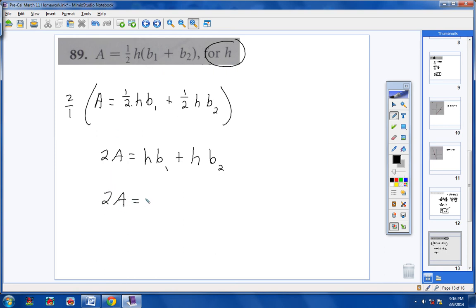Now what I'm going to do is factor out an h, so I'm left with b subscript 1 plus b subscript 2. And now I can divide both sides by b subscript 1 plus b subscript 2, right?